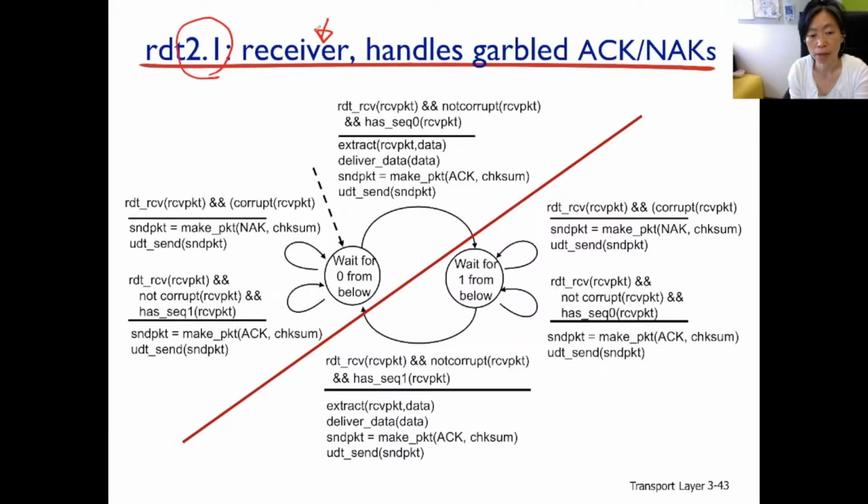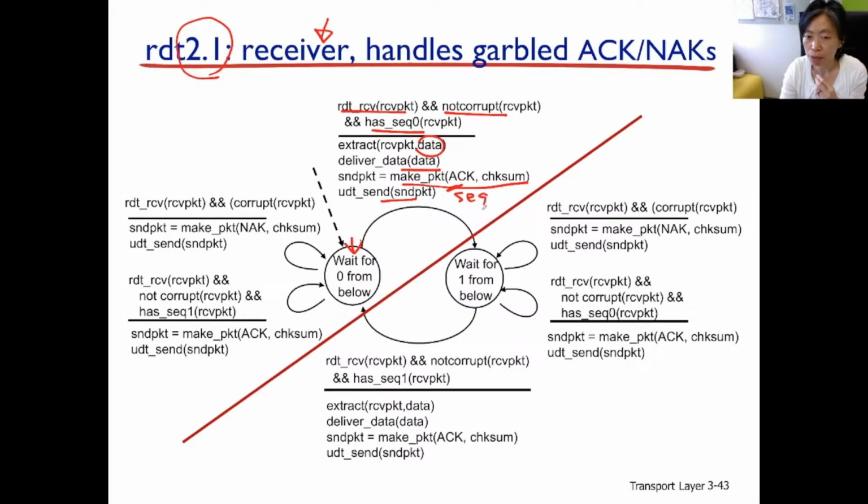The initial state is wait for 0 from below. We're expecting data 0, and we get it, not corrupted and indeed carrying sequence number 0. Then we extract data, pass it up to the application layer, generate an ACK packet with the checksum, and send it out.